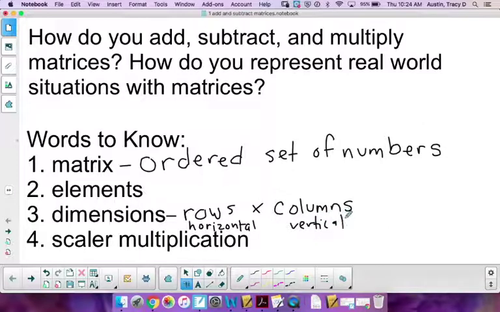So when we describe the matrix, we literally count up how many rows by how many columns, and we just call that the dimensions of the matrix. Now, the elements are the individual pieces in the matrix, and we can call up elements by stating what row and what column they're in. Okay, and we're going to actually do that as well.